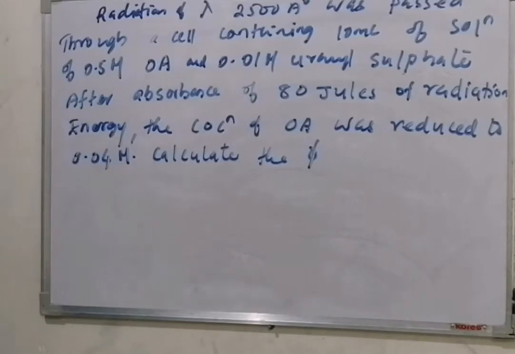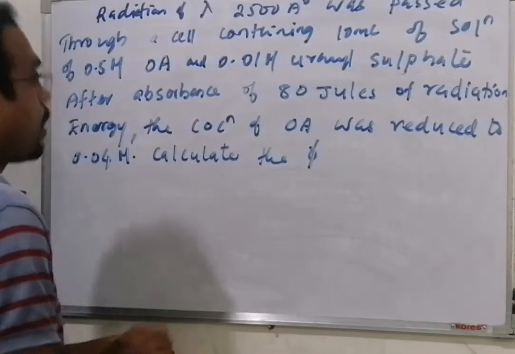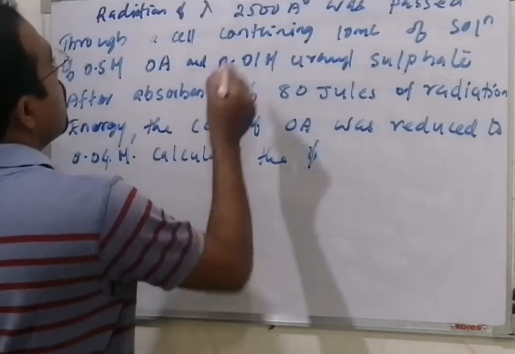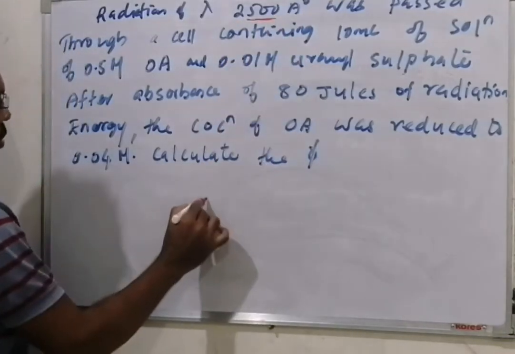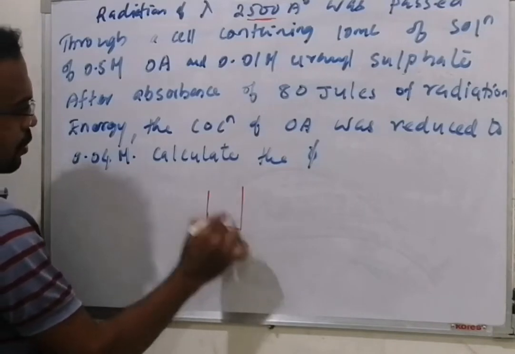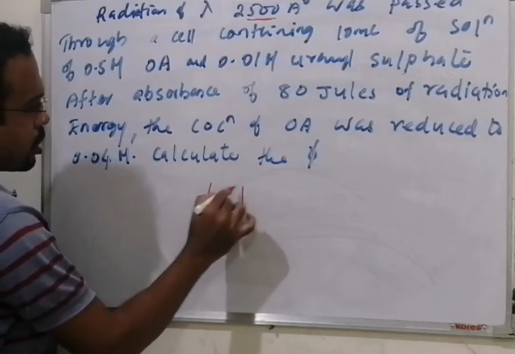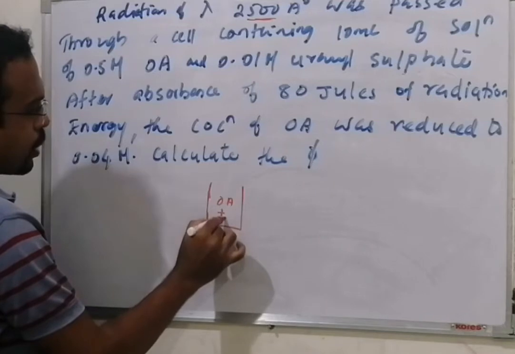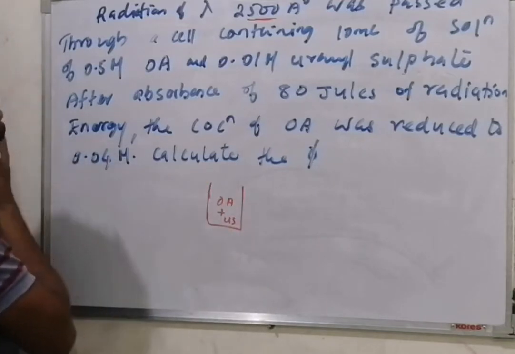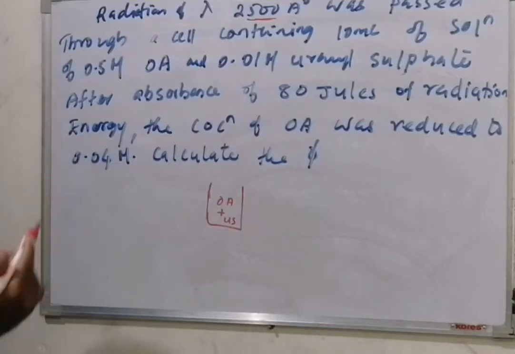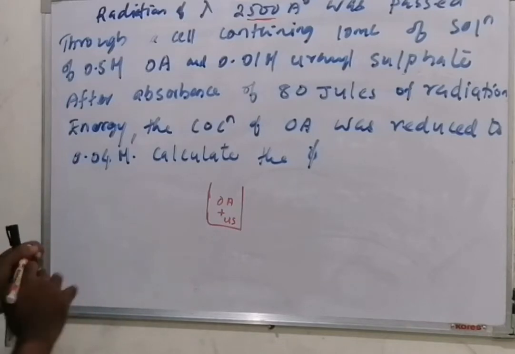Radiation of wavelength 2500 angstrom was passed through a cell. That is, you have a glass cell, a cuvette, where you have oxalic acid plus uranyl sulfate. Uranyl sulfate is a molecule which is helpful for photochemical decomposition of oxalic acid.